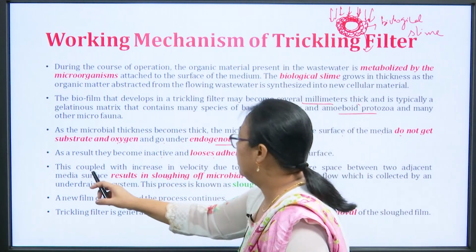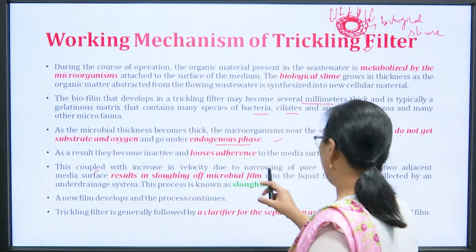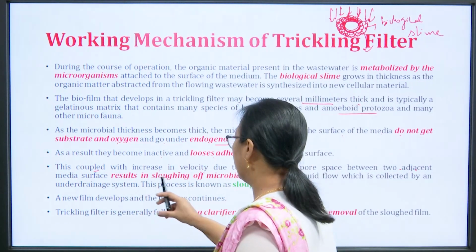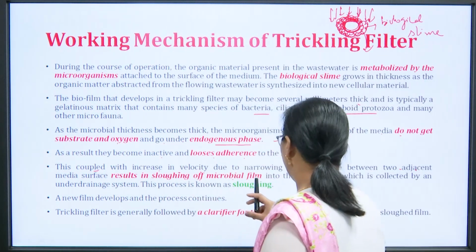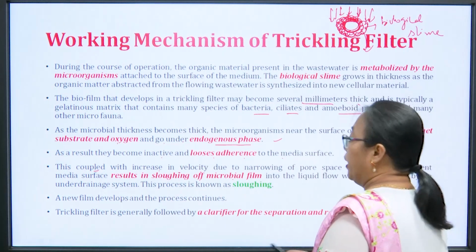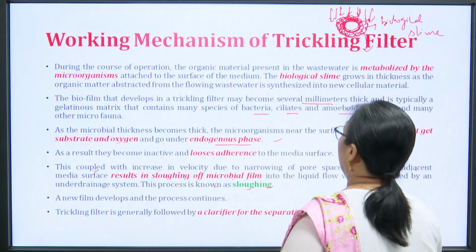Okay. This, coupled with an increase in velocity due to narrowing of pore space between two adjacent media surfaces, results in sloughing of the microbial film into the liquid flow, which is collected by an underdrainage system. This process is known as sloughing, right.